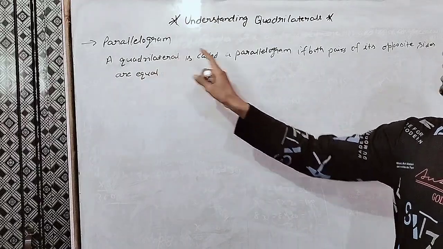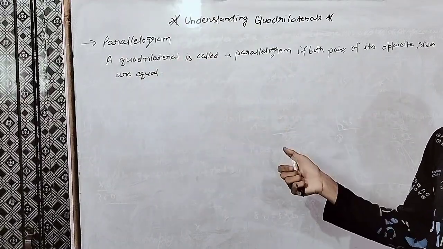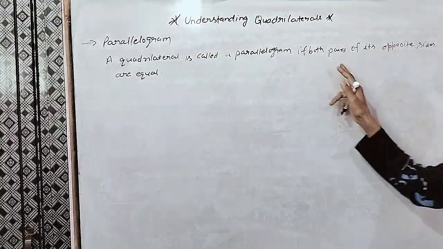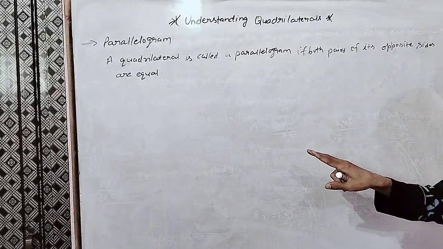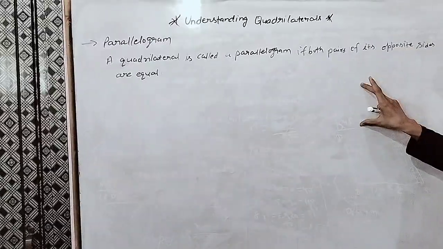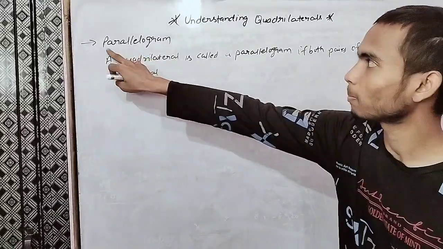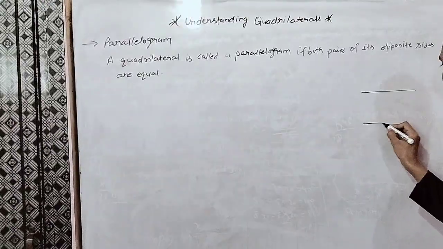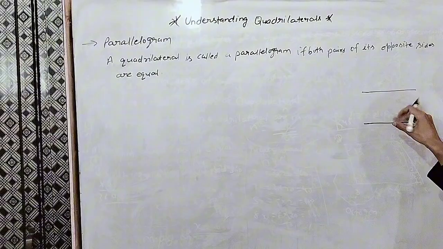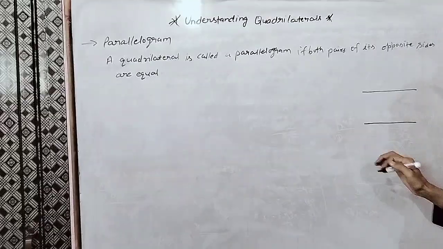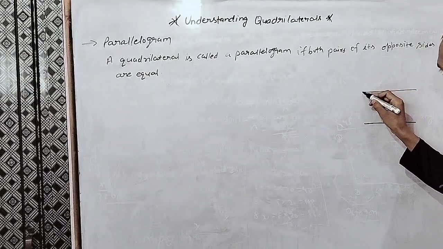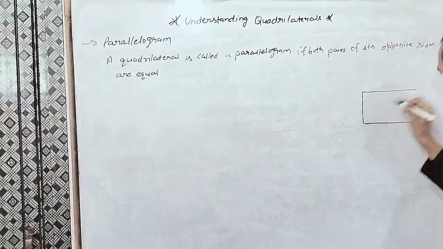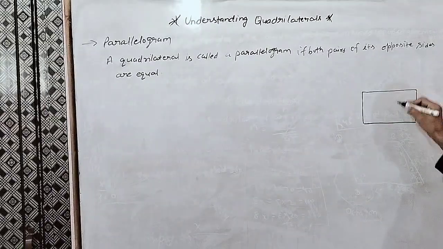A quadrilateral is called a parallelogram where both pairs of opposite sides are parallel. Here we are talking about parallel lines. This pair is parallel to each other, and this is the second pair.